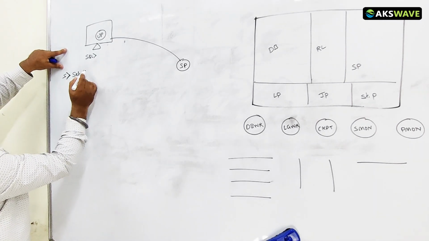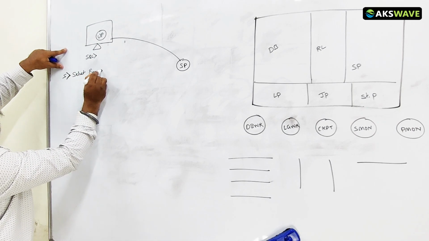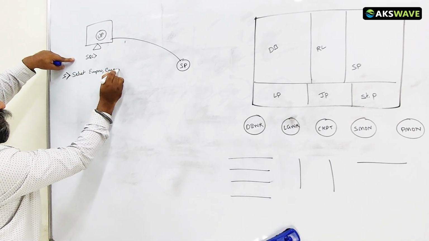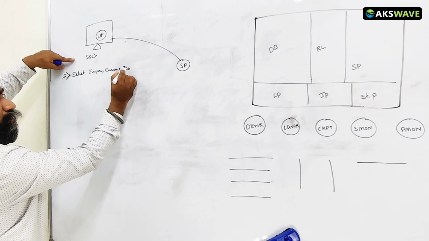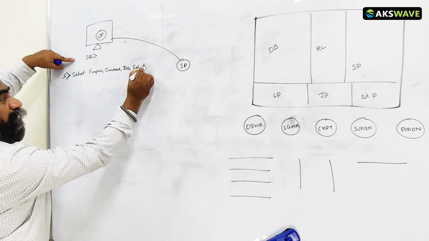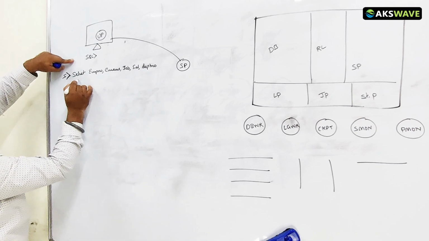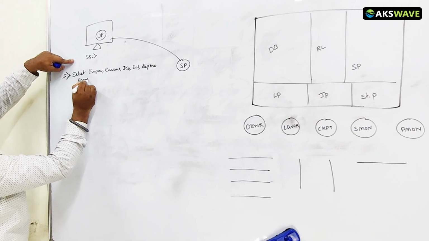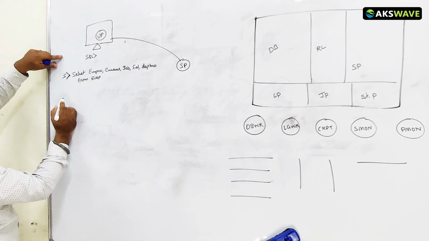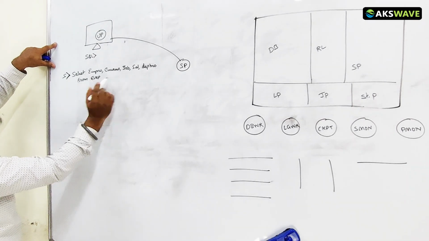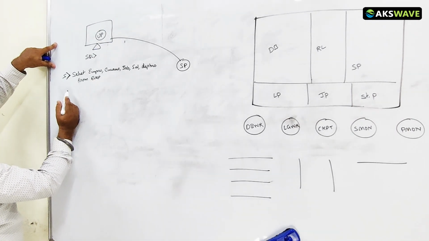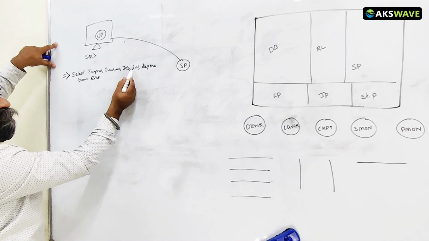So what is the query? Select EMP number, e-name, job, salary, department number from EMP. Okay. I don't want all the rows. If I say it like this, it will show me all the rows and only these columns, right?